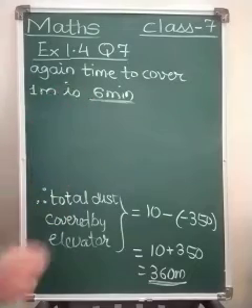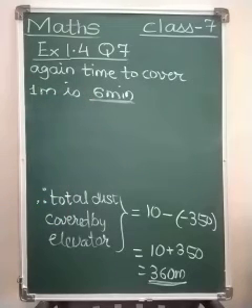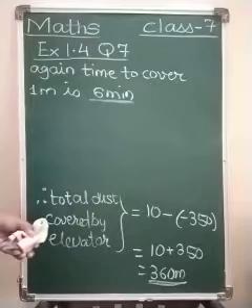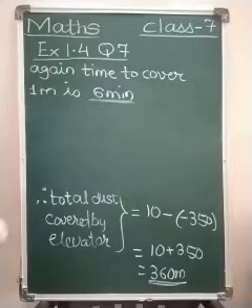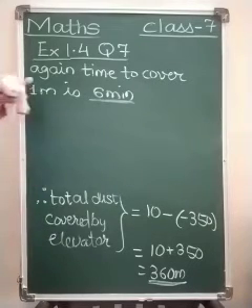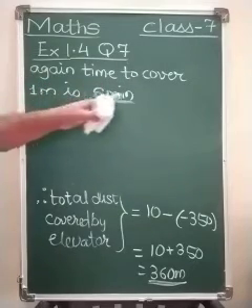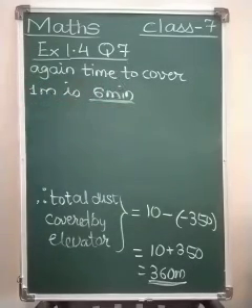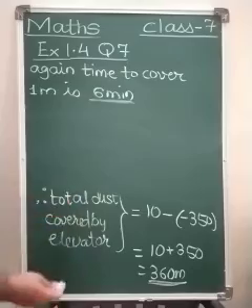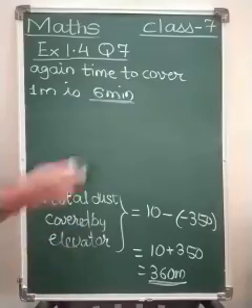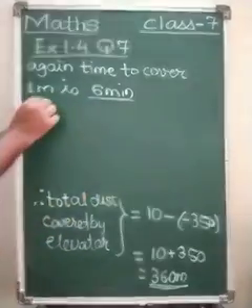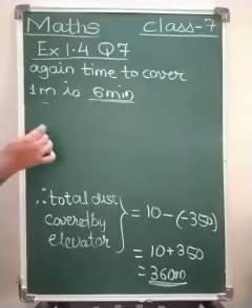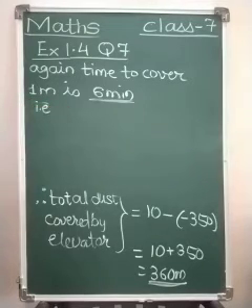Now in your physics chapter, time and motion, you are going to learn about speed, distance and time. Maybe you have finished that chapter and you have that formula. So the time taken to cover 1 meter is 6 minutes. Then we have speed, this is called speed.